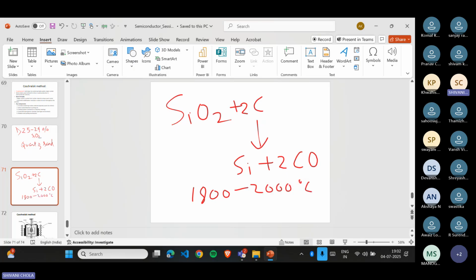This is the first process. After this, you get silicon which is 98 to 99% pure. You might say, okay, we have quite good purity of silicon. Why don't we use this directly in the manufacturing of semiconductors? But my friend, you need a very, very high quality of silicon, because even 1% of impurity matters.